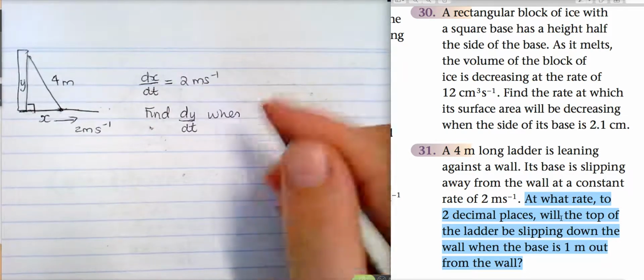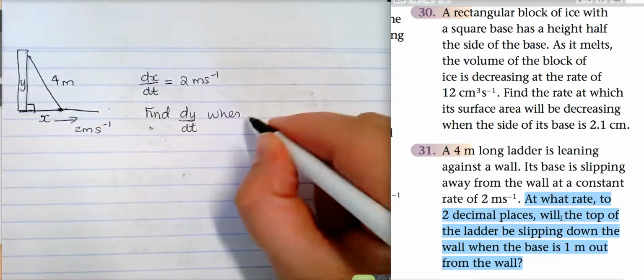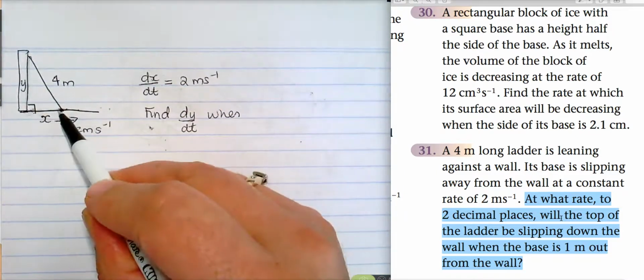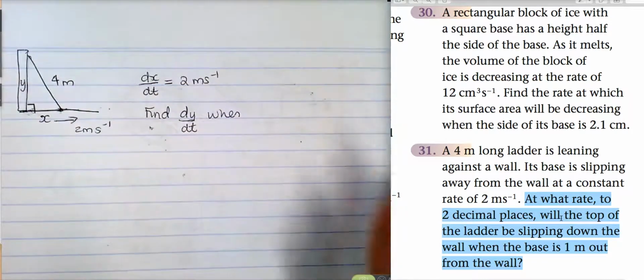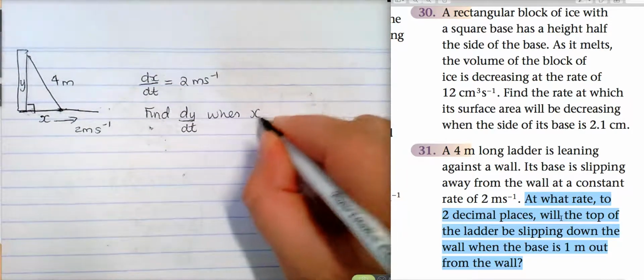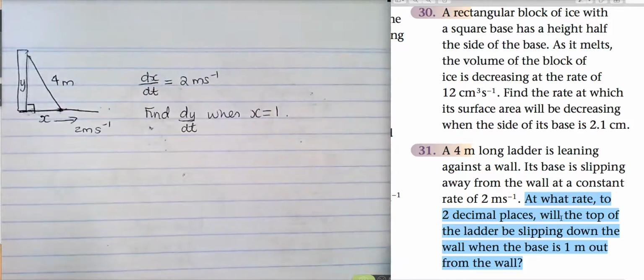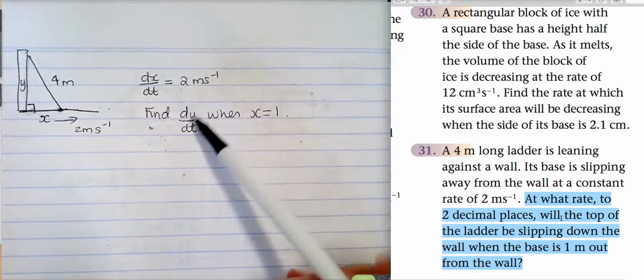The distance of the base from the wall is defined by x. So x equals 1. We've got this dx dt, find dy dt.